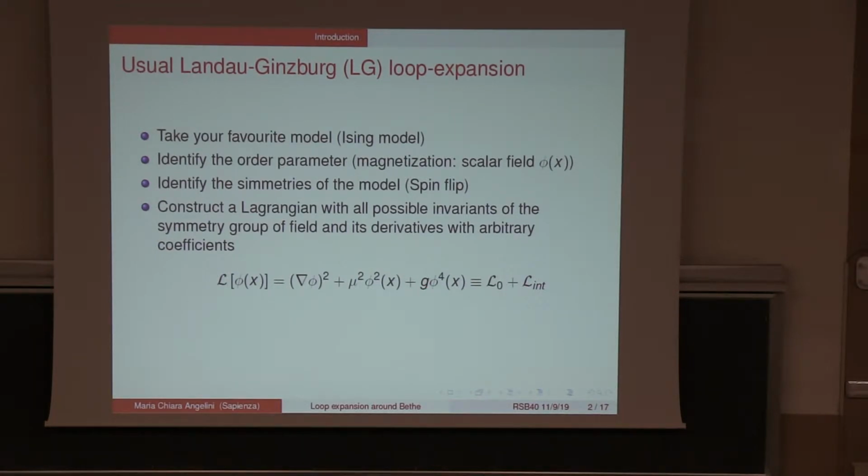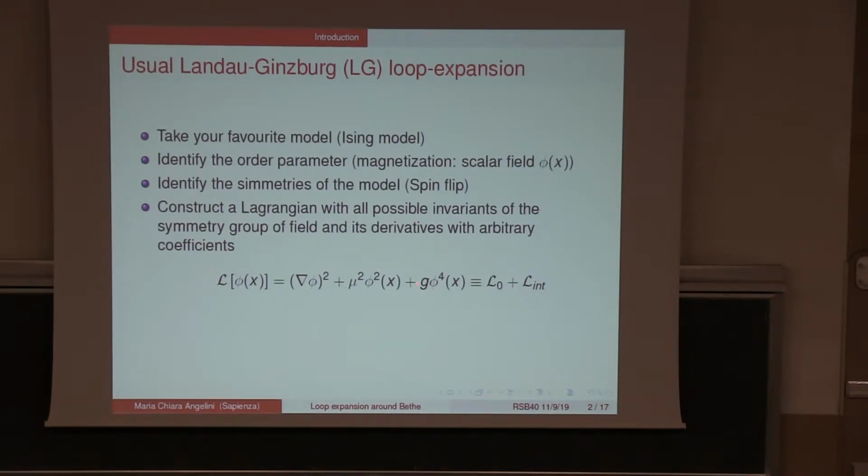It gives you, for the two-point correlation function in momentum space, what is usually called the bare propagator, 1 over k squared plus mu. And this mu is diverging at the critical point, at the critical temperature, for example, for the Ising model.